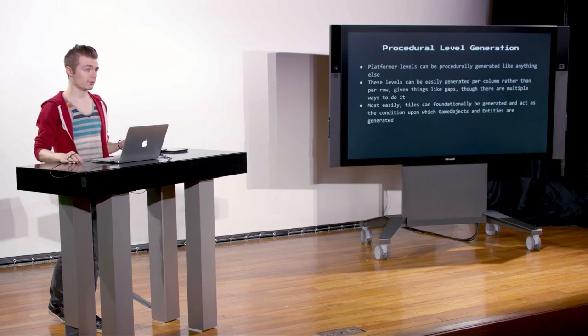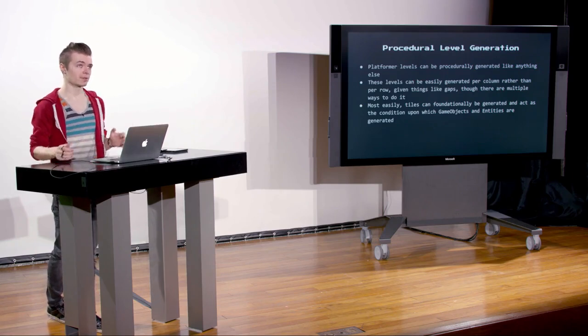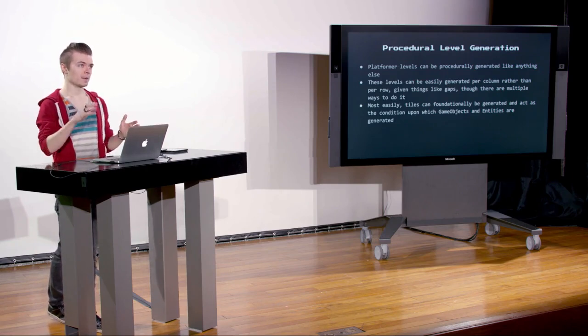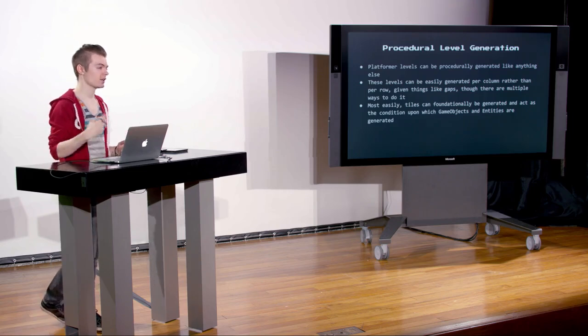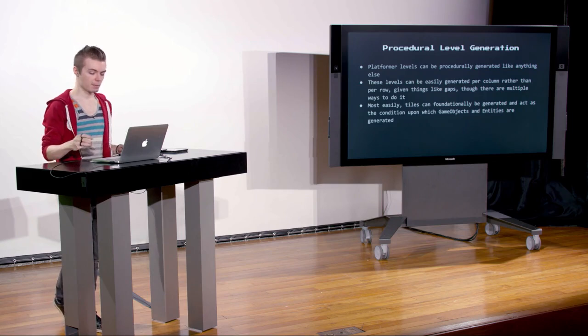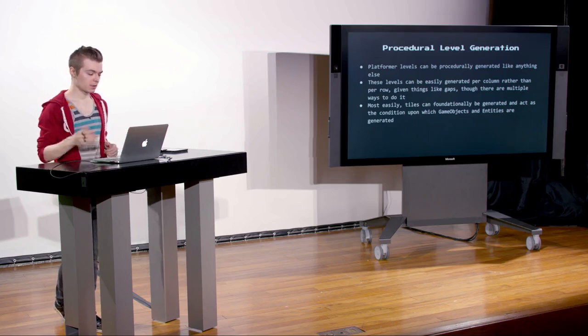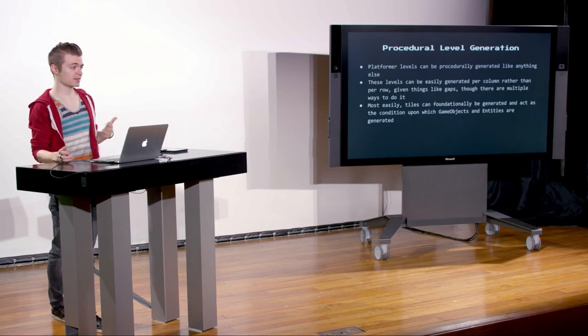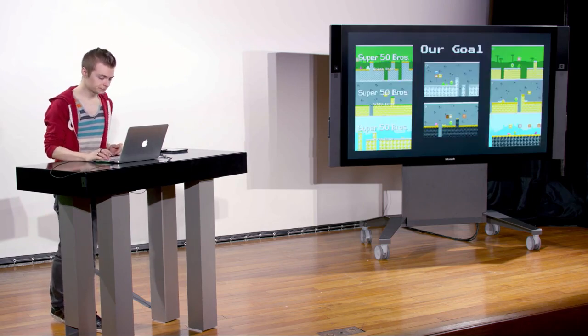With a platformer level, we have to think about how we can take that grid of tile IDs and think about it mathematically. How can we get the results of a level but make it different every time, introducing some variation? The solution that I found that makes the most sense is going column by column.